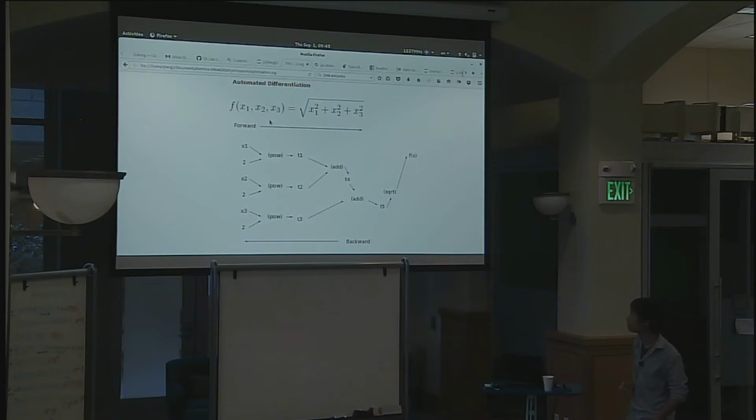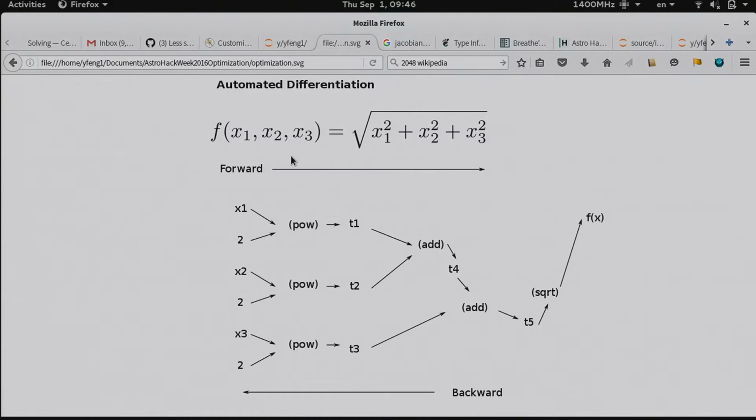For example, in the popular library Dask, all of the intermediate variables are named. They are generated names based on the operator and the variables, so you can cache them and do good things. So I'll call them T1, T2, T3. These are the squares. Now, the add operator in the middle between T1 and T2 only takes two numbers, right? You can add A to B. Therefore, we actually need two add operations.